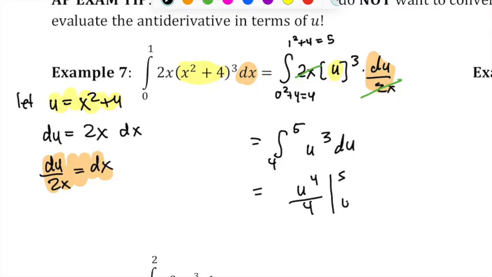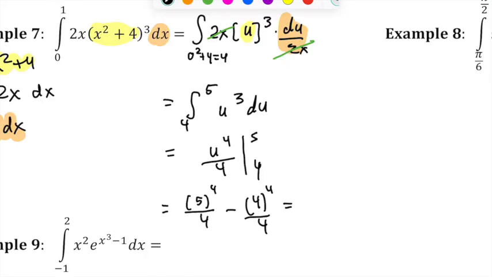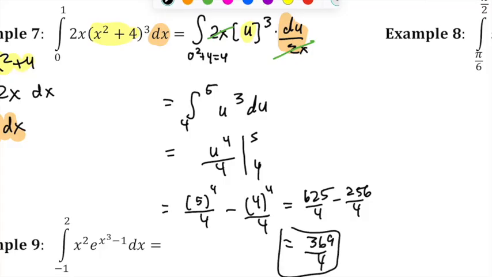Usually you would substitute back in for x, but since we have new limits, I'm going to plug in 5 and then plug in 4, and we will subtract those. So 5 to the 4th power is 625. 4 to the 4th power is 256. And then if you subtract those numerators, you're going to get 369 over 4. And that is my definite integral.